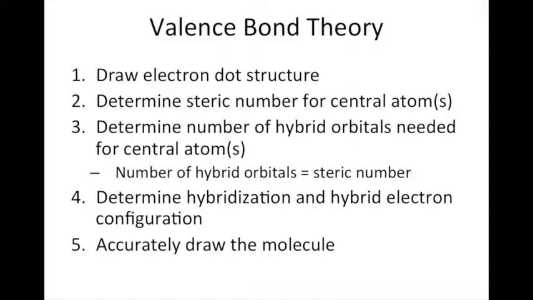Finally, once you've determined the hybridization and where the electrons are in the hybrid orbitals, you want to accurately draw the molecule by indicating all of the hybrid orbitals and how they overlap in order to form the bonds.